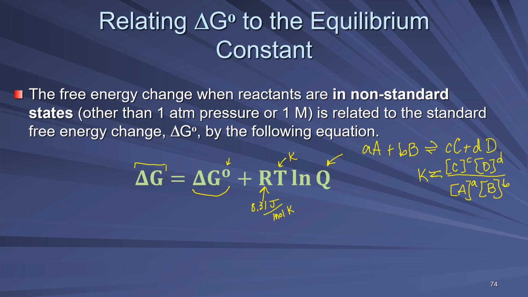K will always come to that kind of ratio when it reaches equilibrium. However, remember that Q is when they're at non-equilibrium. So if we change this to Q, this would be like initial, not necessarily at equilibrium, but whatever the ratio is, that is the Q. So whatever the concentrations are, you can find Q, plug it in here, and this equation is true.